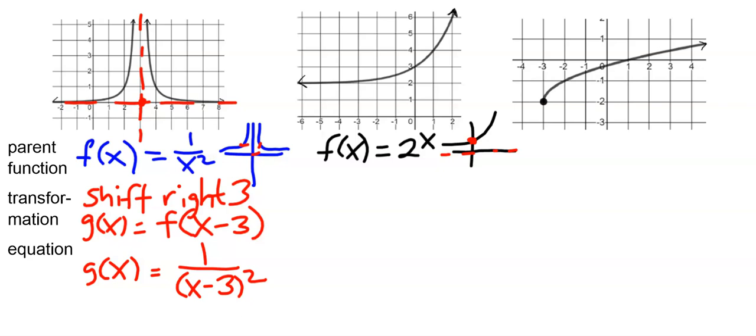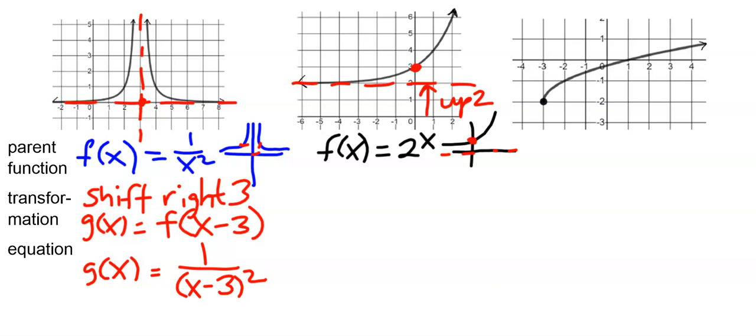So notice here, now the asymptote is at 2, and the key point is at 0, 3 instead of at 0, 1. So notice everything has shifted up 2. So this is a change to the y value. It is a change outside the function.